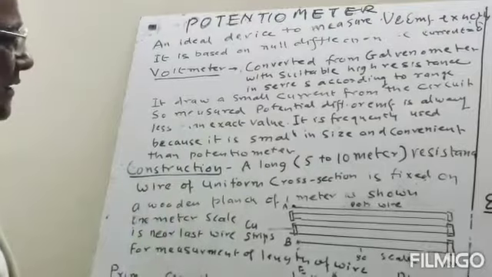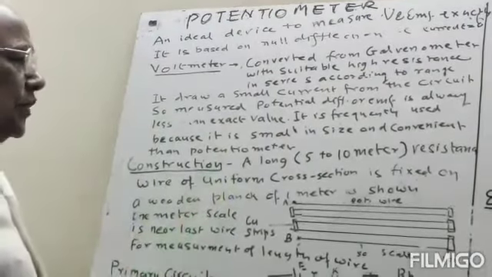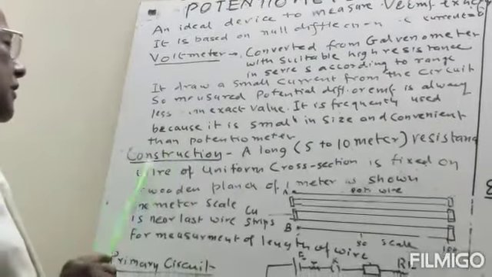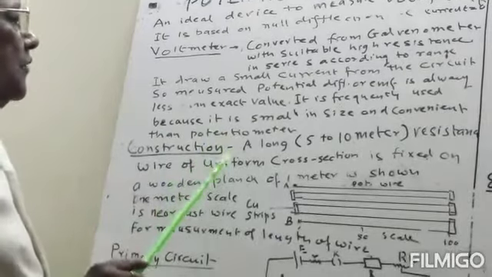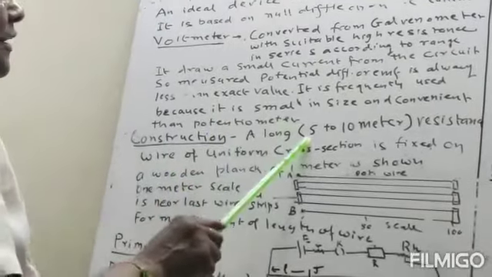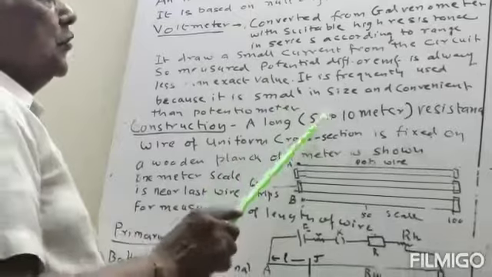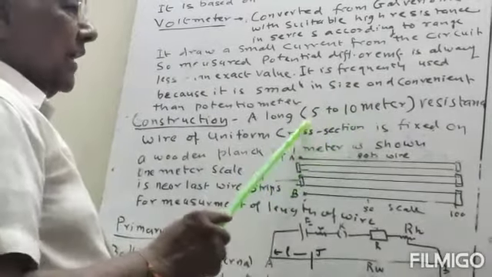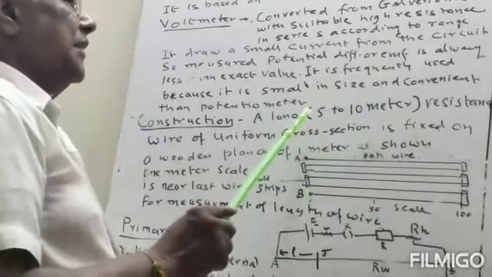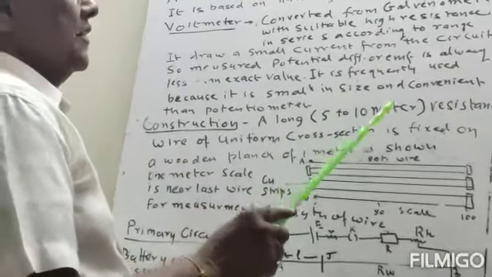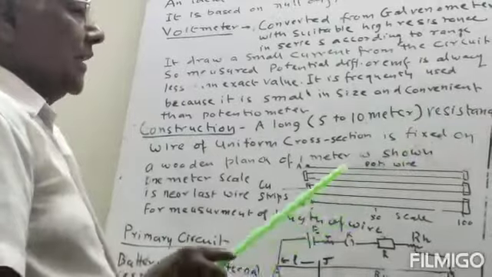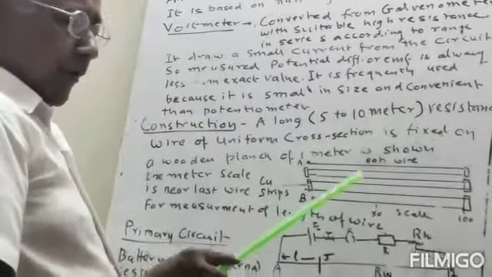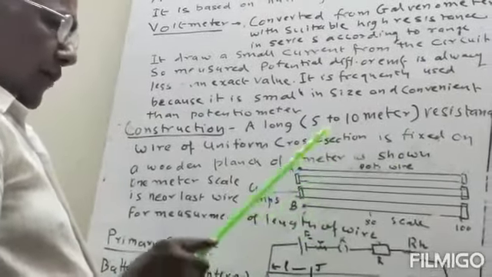Now what is the construction of a potentiometer? In a potentiometer, we have a very long wire, 5 meter to 10 meter. We can have 5 meter, we can have 10 meter, or any length between 5 to 10 meter. It is a resistance wire. This resistance wire is made up of constantan or eureka.